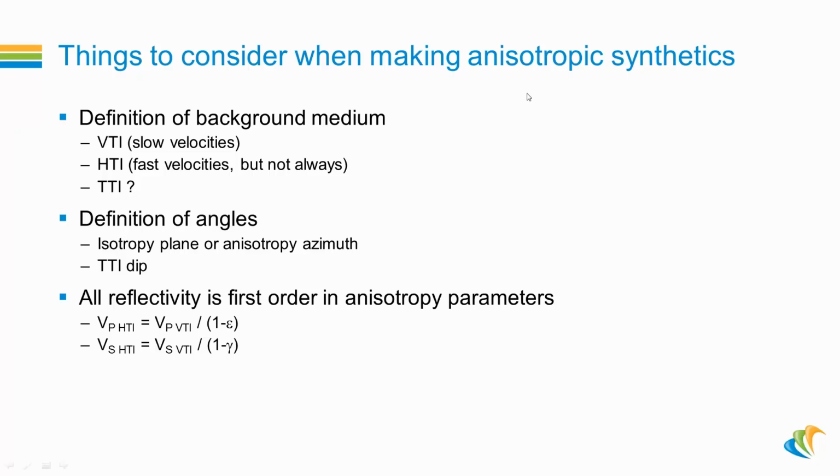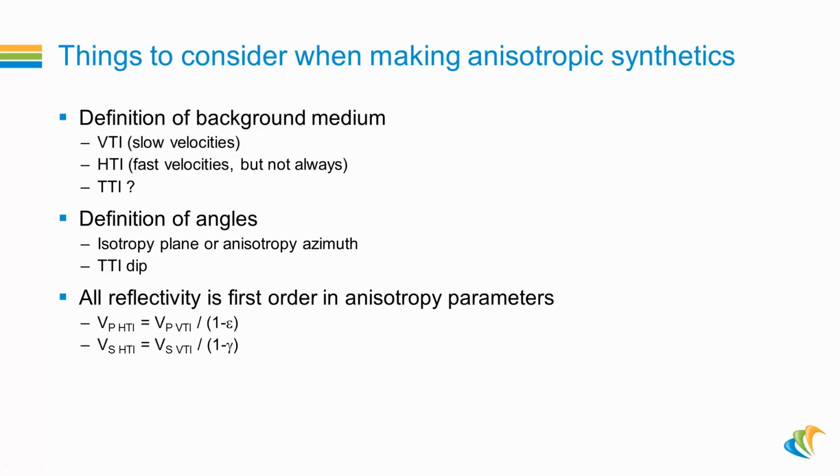When you make anisotropic synthetics, though, there are a few things. You already saw that the dip angles were not the same on the left and the right hand part of the panel. So you need to take care that you have the same definitions if you want to compare synthetics from different packages. The definition for VTI is that the background medium has the slow velocities. For HTI, the background medium is typically the fast velocities, but not always.